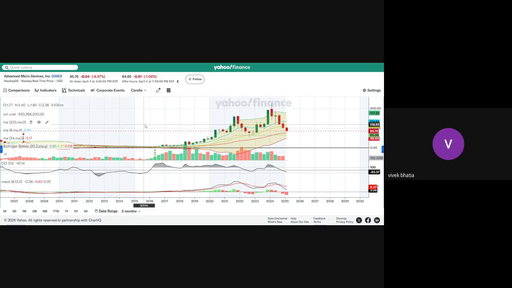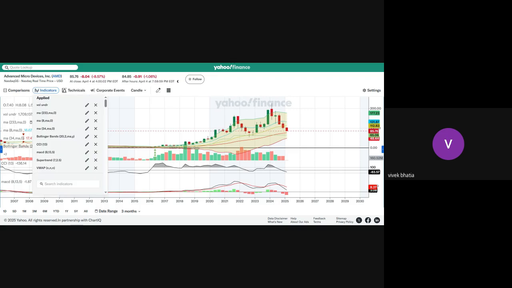My indicators are moving averages 233. Make a note of it. It's there on the screen that Aditya is sharing. Aditya, if you can just go to the indicators, click on the indicator portion. Yes, lovely. Now you see all the indicators put up on the screen.